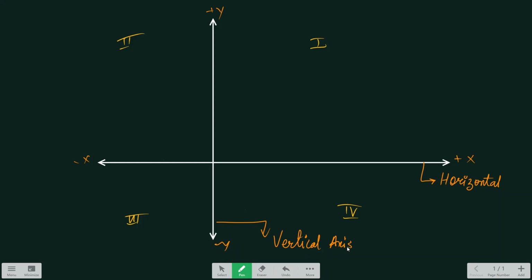Now, as you all know, on the y-axis the value of x is 0, and on the x-axis the value of y is 0, as per your knowledge from the previous class.